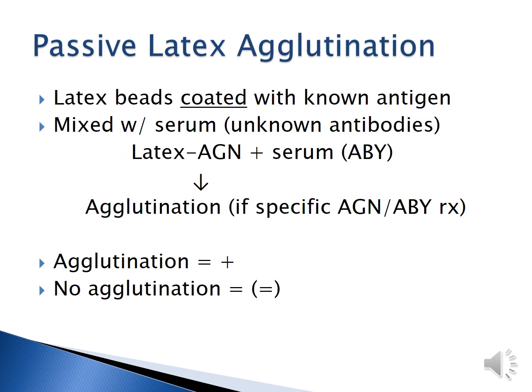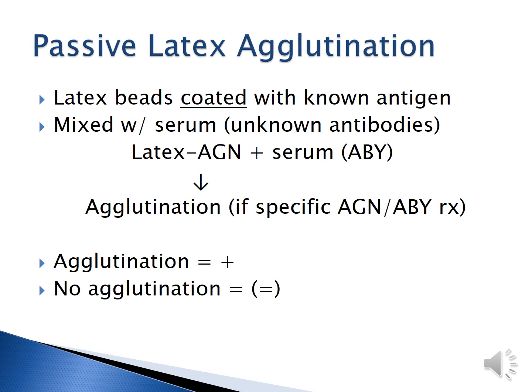So in passive latex agglutination, we'll be using latex beads coated with our known antigen. We are wanting to determine if the patient's serum has antibodies to this known antigen.